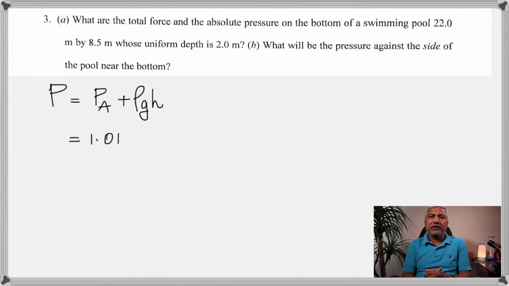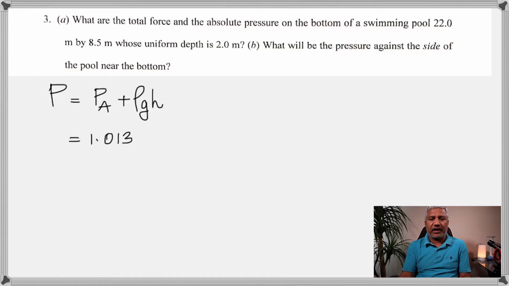If you're asked to calculate the absolute pressure, remember that you have to add the atmospheric pressure to the hydrostatic pressure. So P sub A is the atmospheric pressure plus rho g h as the pressure due to the water, since we are asked to find the absolute pressure.